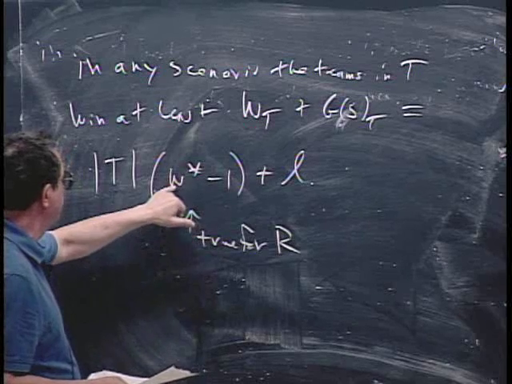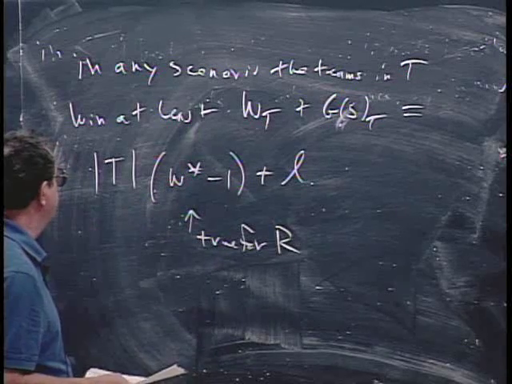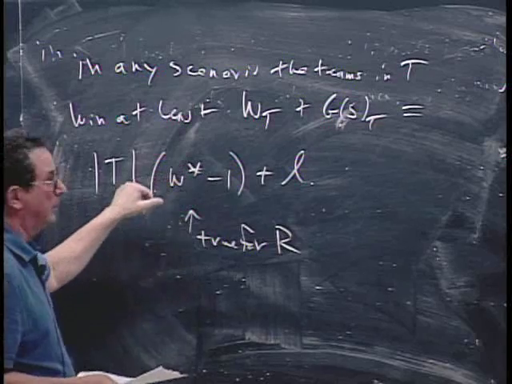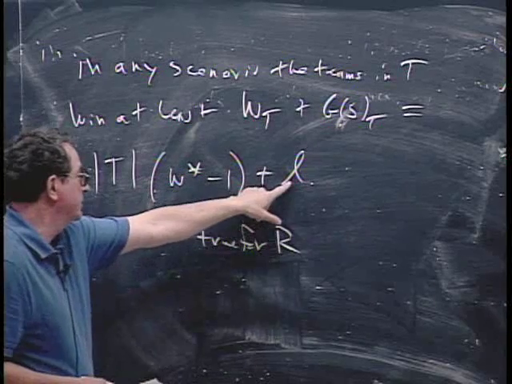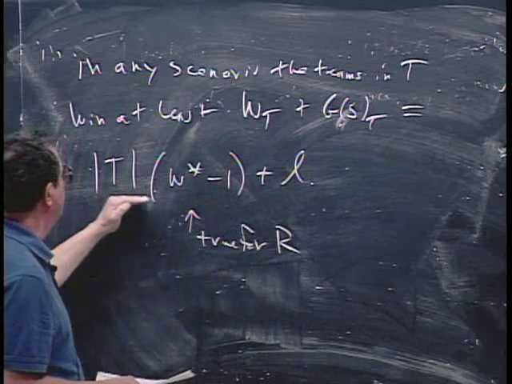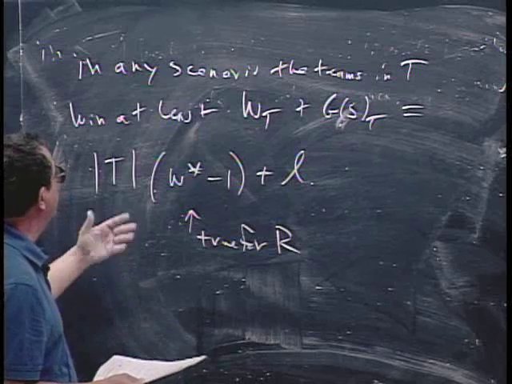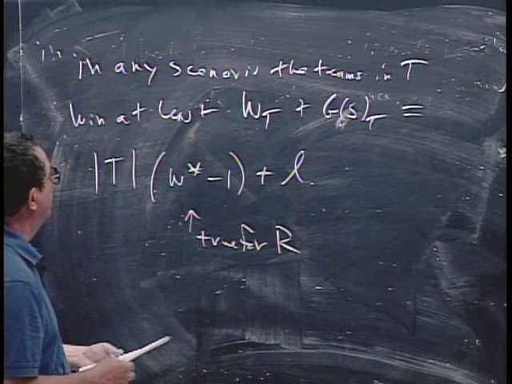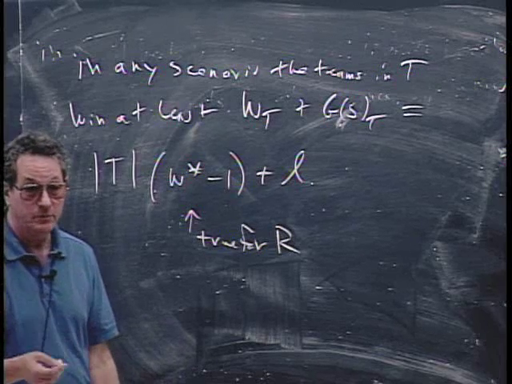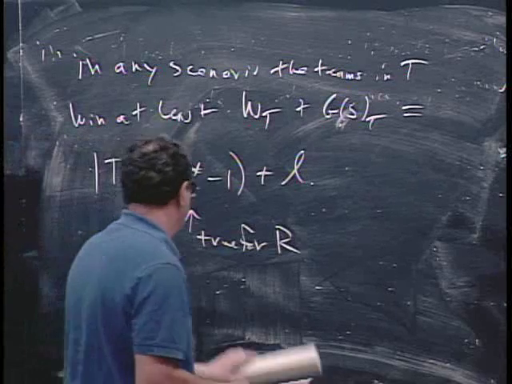Each team in R wins W star minus 1 games. And how many games does each team in L win? They win exactly W star. And there are L of those teams in L. So this is the total number of games won by teams in T in scenario S, but we're arguing that in any scenario, the number of games that teams in T win is at least what it was in scenario S. That's what we argued a minute ago. So we've got that.